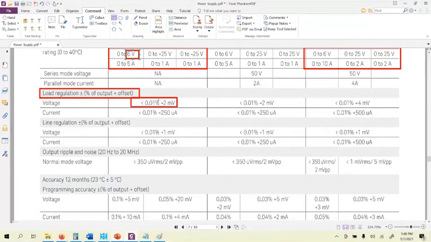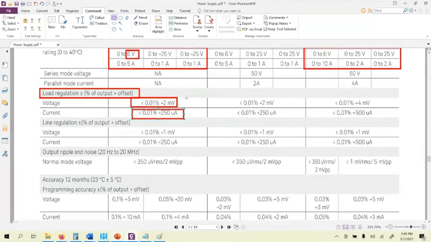If you keep on changing the load, this voltage of 6 volt may change by 0.01% with respect to the load that you are connecting. Similarly, the current that you are expecting, like 5 ampere, may also change by 0.01% plus 250 microampere.